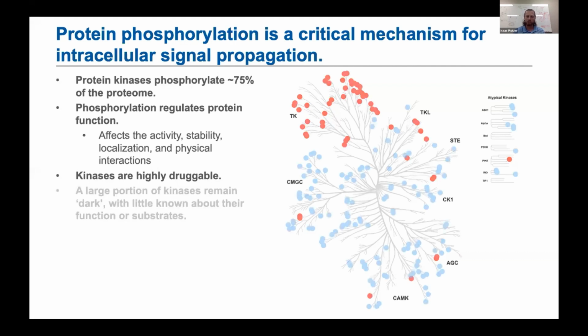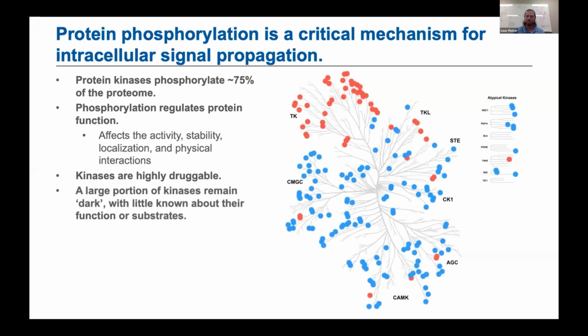However, a larger subset of the kinases, which I'm now showing in blue, are what we call the dark kinases, meaning that little is known about their function and we don't really know what their substrates are. There's a considerable push in the field right now to identify the functions of these dark kinases and pick out those that have therapeutic potential.